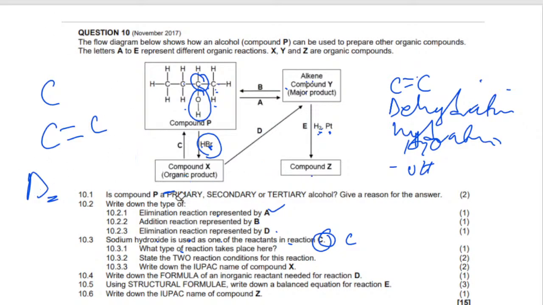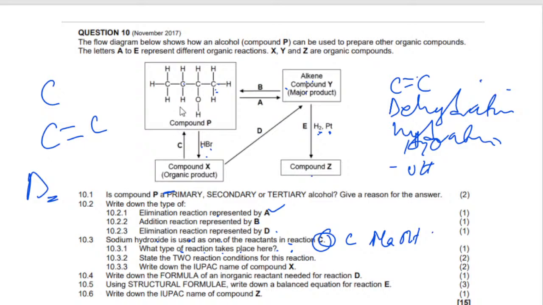Let's clean this up so that we see exactly what they are saying, so that we don't get confused. In this case, it means that it's sodium hydroxide. What type of reaction takes place when sodium hydroxide is used?